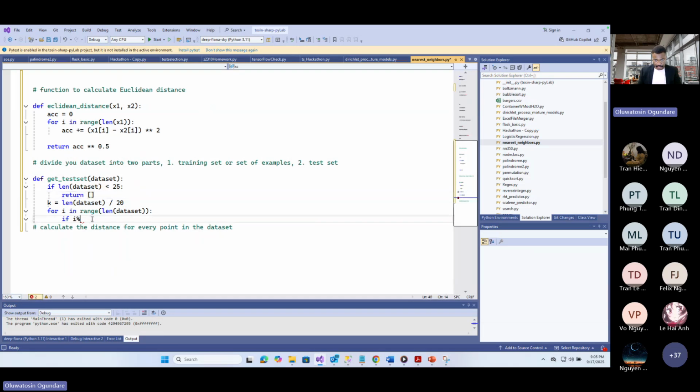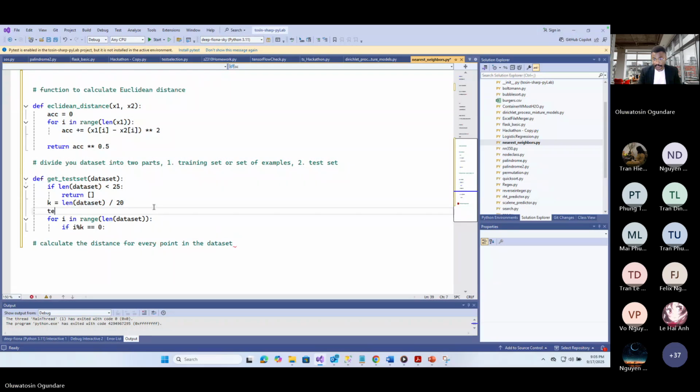Otherwise, if I modulo k, meaning if you divide by k and it equals 0, then I want to add this to my test set. So test set is this. Then I would do test set dot append data set.